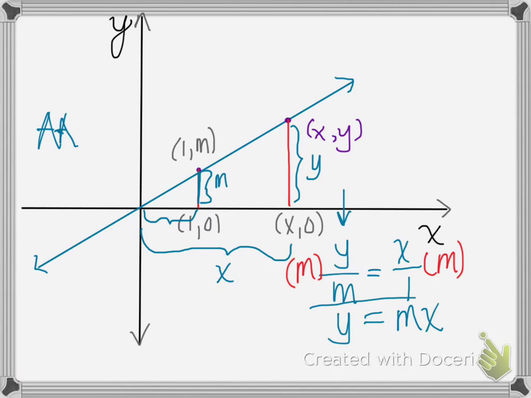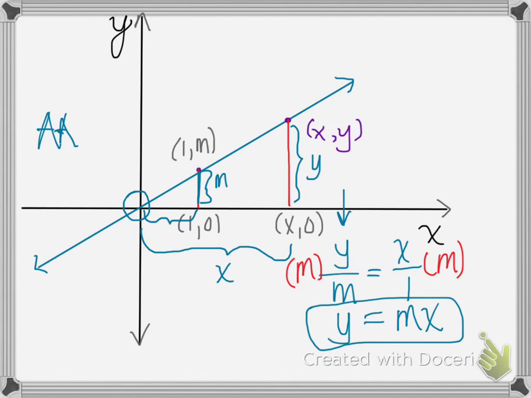I get this equation, y equals mx. Anytime I have a line, and this is a special one, notice it's going through the origin, with just a random point xy and a slope of m, it's going to be in this form, y equals mx. Whatever I put in for x multiplied by the slope is going to give me my y value.